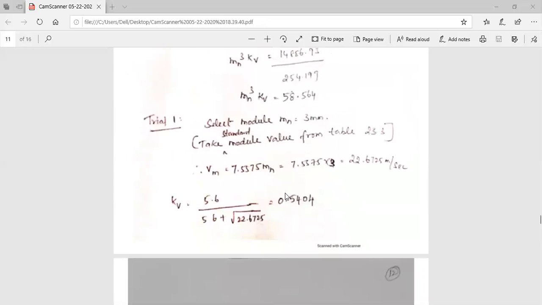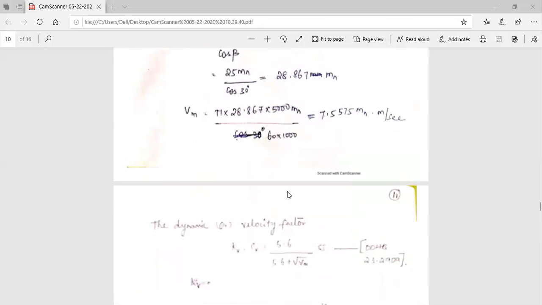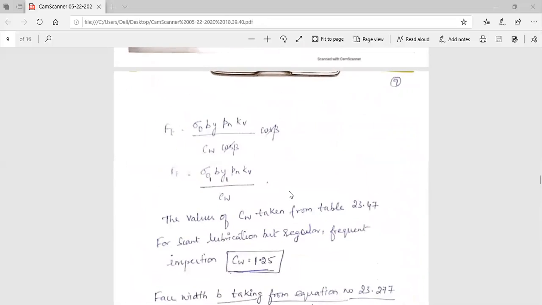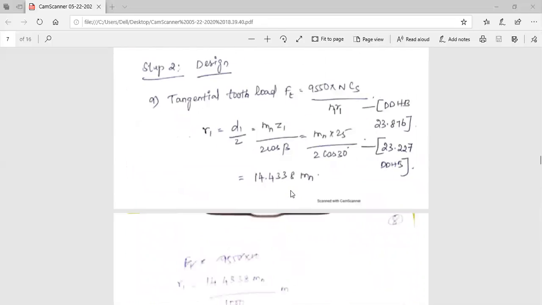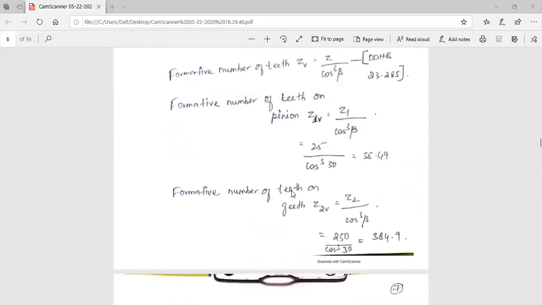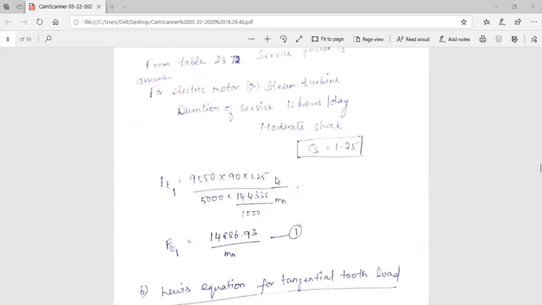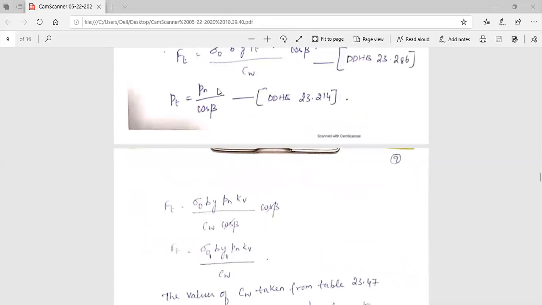So the first step, we found that by using this method, up to this step, you have to find out the normal module value. In this way you have to find out the module. Once the module is obtained, you have to find out the dimensions.